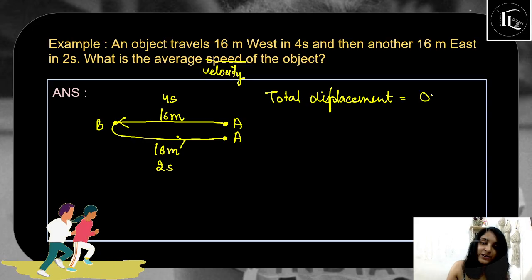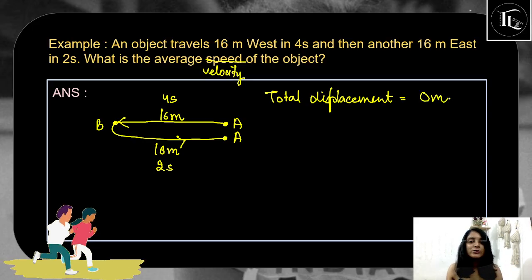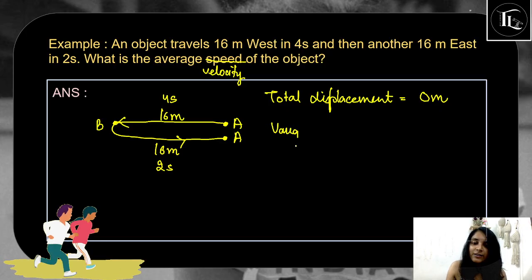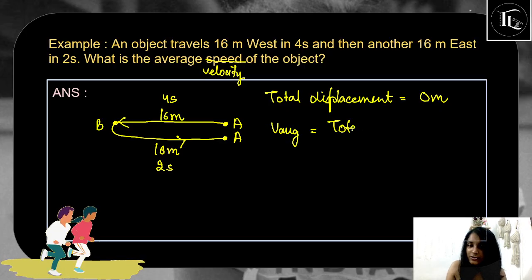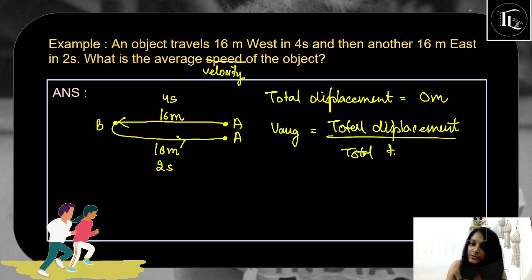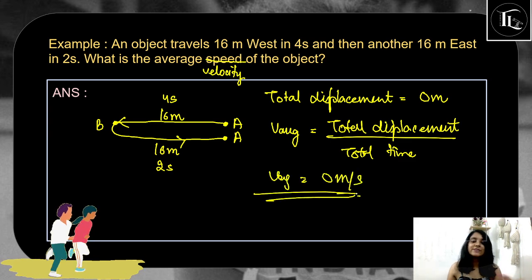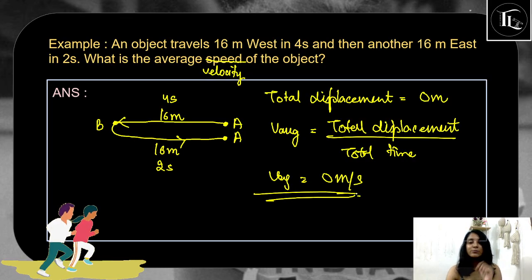So total displacement covered is 0 meters, and now you don't need to add 4 or 2 or do those steps, because the average velocity, which is total displacement by total time taken, will be 0 meter per second. Why? Because displacement itself is 0. Whenever a question comes and you see that initial and final points are the same, the average velocity will always be 0.